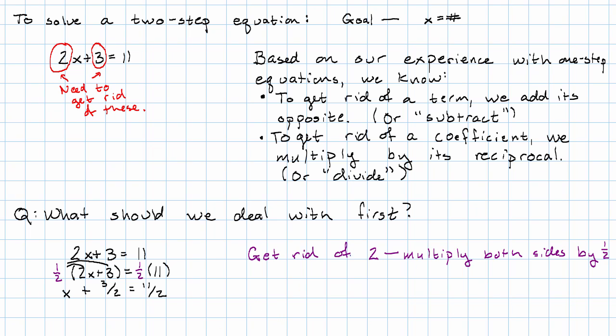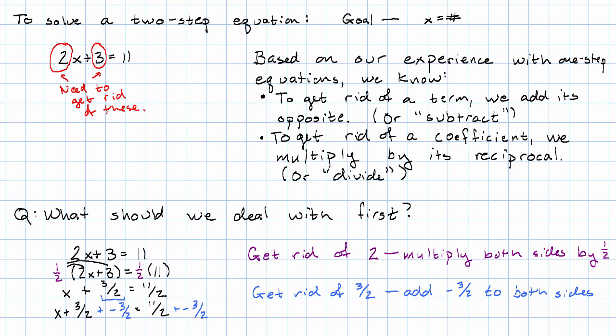And now all that's keeping x from being by itself is the 3 halves. This is a term, so I want to add its opposite. I'll have x plus 3 halves plus negative 3 halves equals 11 halves plus negative 3 halves. 3 halves plus negative 3 halves is 0, so on the left I'm just left with x.